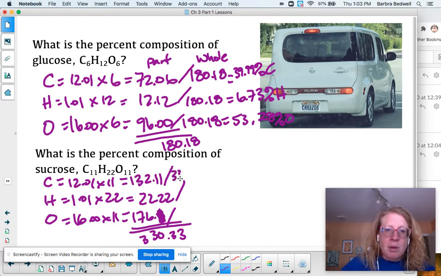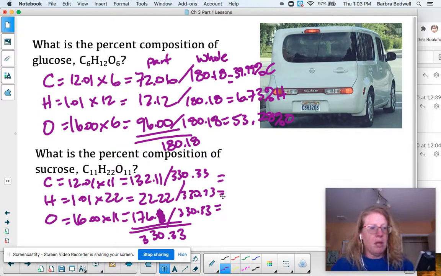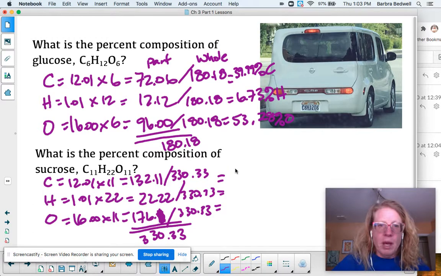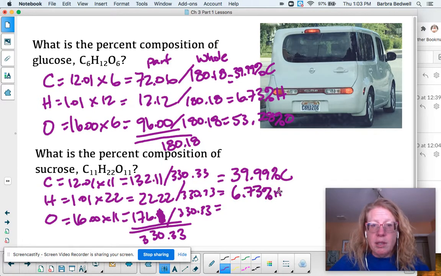So I'm going to do my repeat division here, 330.33, and then I'll figure out what my percentages are. So 132.11 divided by 330.33. It's kind of repetitious. 39.993% carbon. 22.22 divided by 330.33 is 6.73% hydrogen.